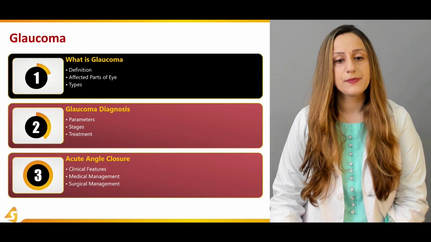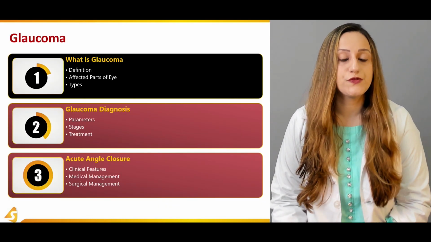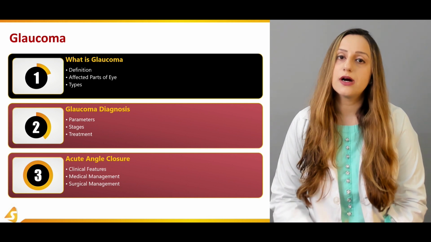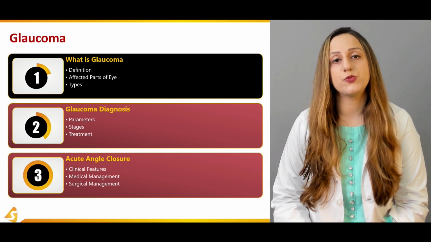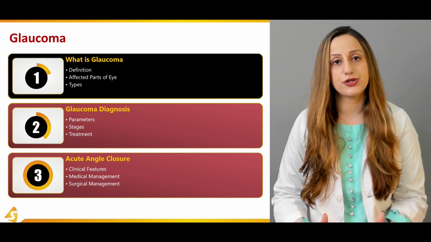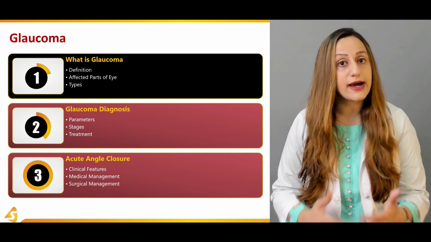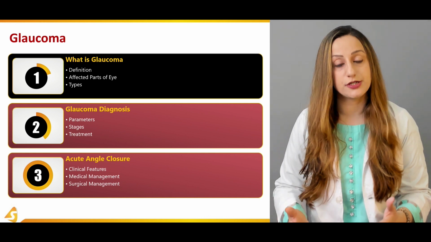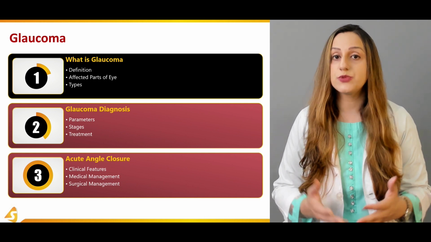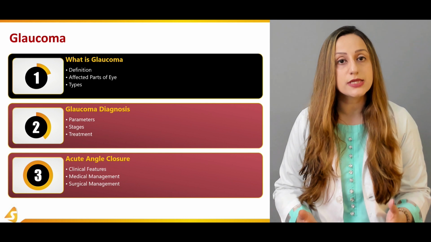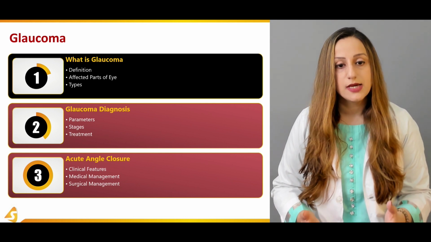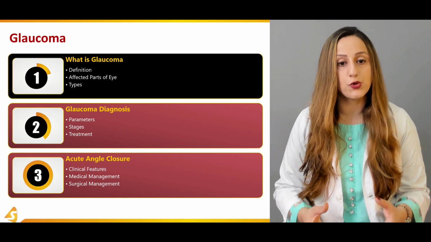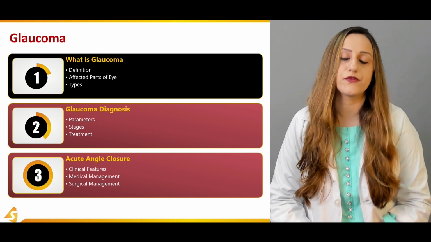So over here, in this very first section, first of all, we'll define this condition, obviously. What are the parameters by which we say that the intraocular pressure has risen to a level that it is going to damage the optic nerve and result in a permanent vision loss in that particular patient? So over here, we'll be discussing the definition of glaucoma and obviously the affected parts of the eye.